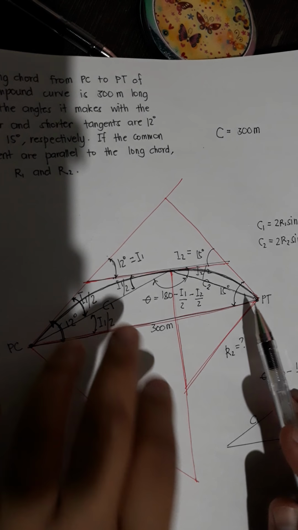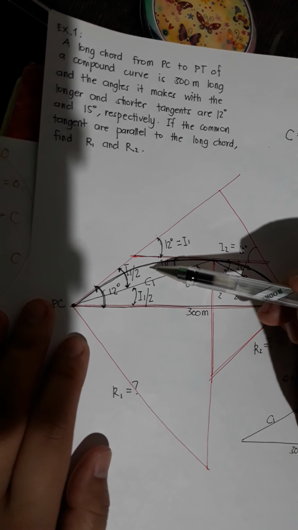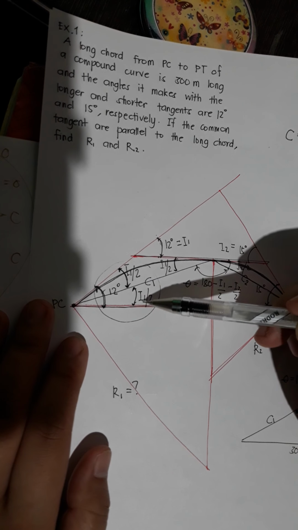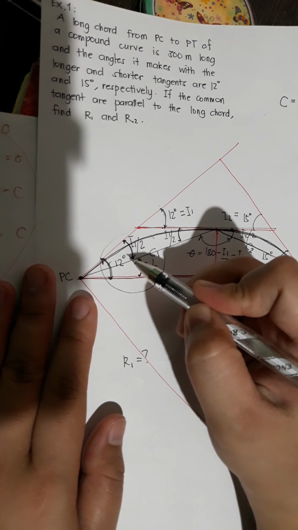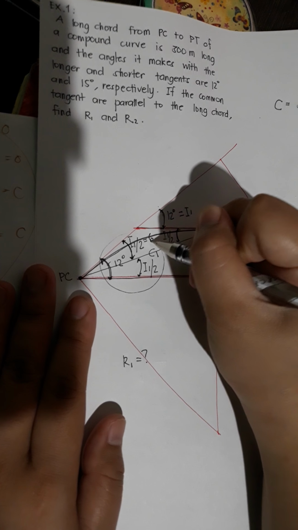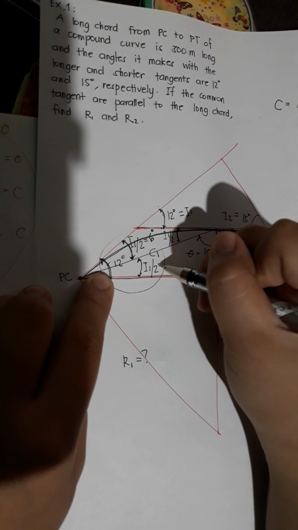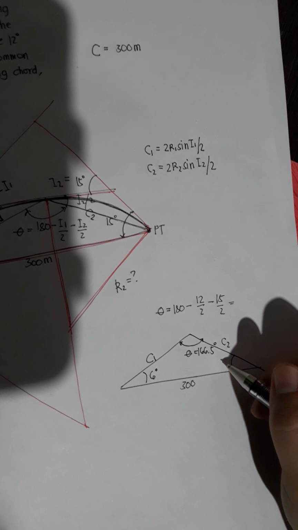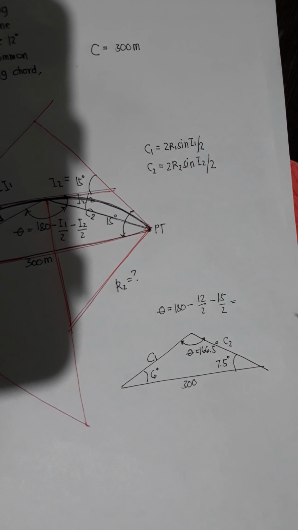If it was not said that the common tangent is parallel to the long chord, then this is not applicable. We could not directly say that this angle here is I1 over 2. So, if this is I1 over 2, then that means this is 6 degrees. So 12 minus 6, this angle here is also 6 degrees. And here, this is also I2 over 2, that is 15 over 2, so we have 7.5 degrees.